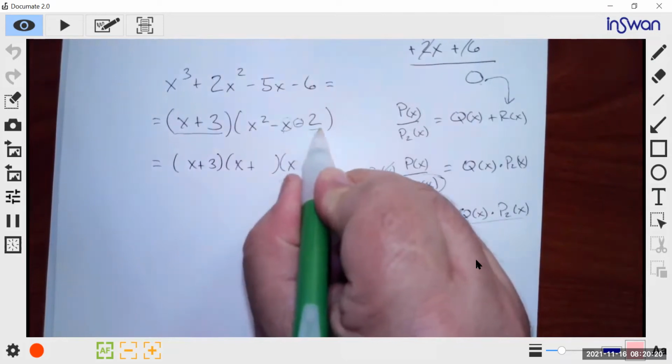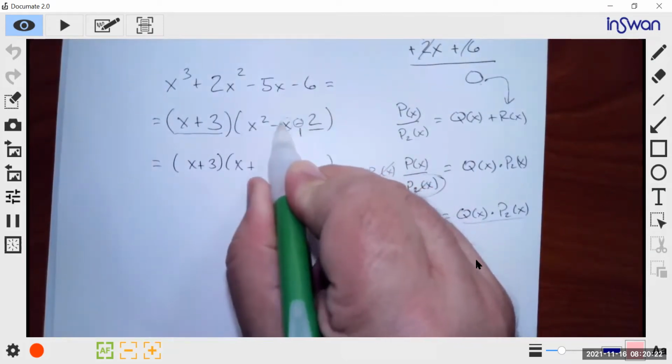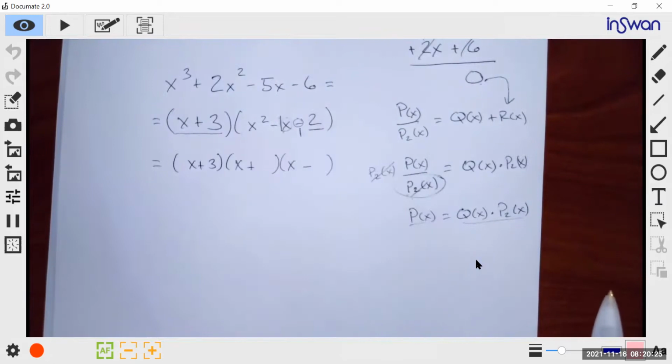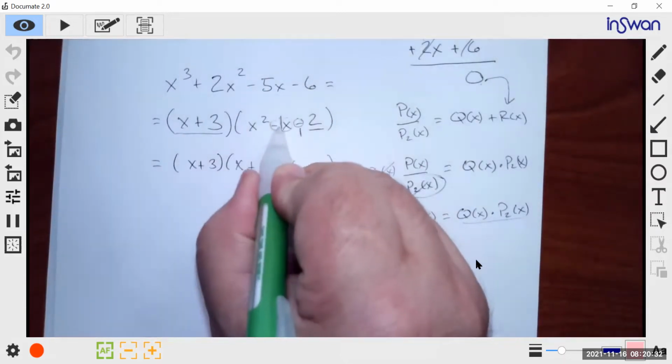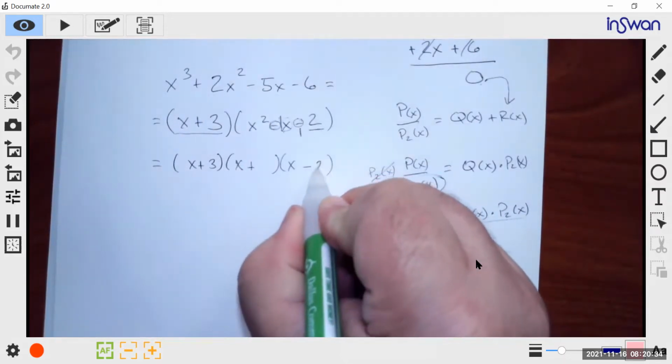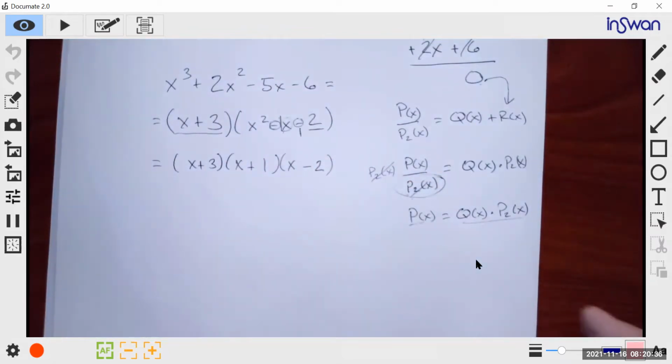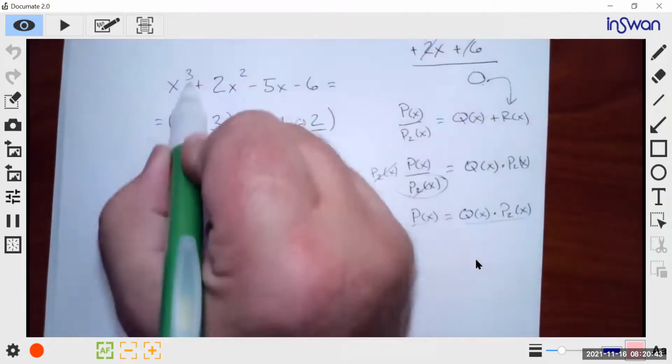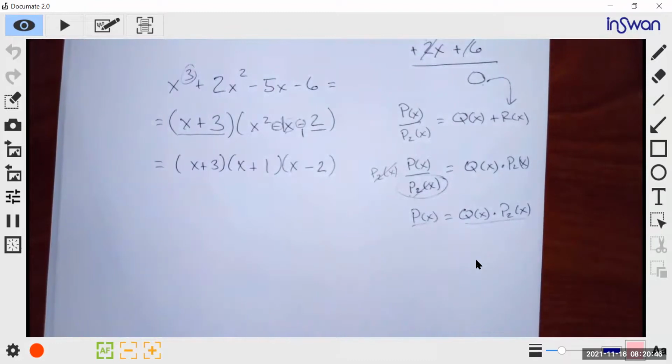What times what is 2? When you subtract it, you get 1. Yeah, 2 times 1 is 2. 2 minus 1 is 1. Since the first sign's a negative, the bigger number goes there. There you have it. You now have the 3 factors that make up this polynomial. We're supposed to have 3 of them. Bam, there they are. That's the objective of today.